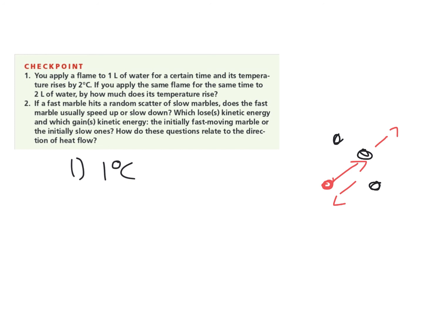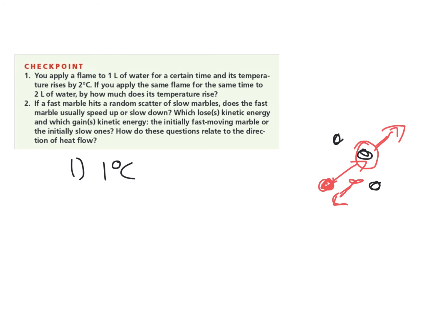And what's going to happen is the slow-moving guy is going to speed up a little bit and the fast-moving guy is going to slow down a little bit. And, as this guy keeps bouncing around these slower-moving molecules, he's eventually going to slow down and the rest of them are going to speed up a little bit.